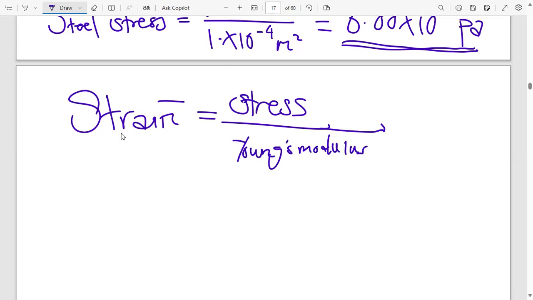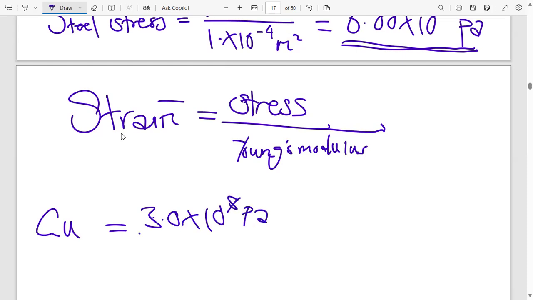So strain will be equal to what? So strain for the copper wire will be equal to, we found the stress of 3.0 times 10 to the power 8 pascals. We're going to divide this by the Young's modulus, which is 110 times 10 to the power 9.